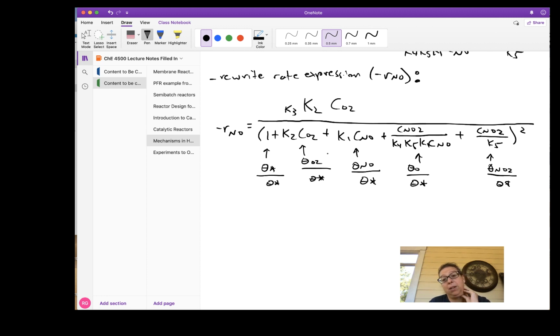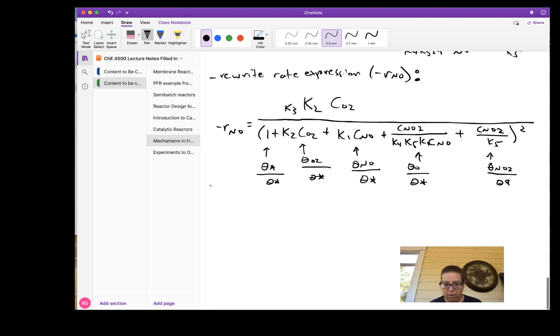Some I'm going to say are higher, maybe closer to 1, so those coverages I'm going to keep in my denominator. And that's how I'm going to make my rate law look closer to what is observed experimentally. So to do that, I'm going to make some assumptions.